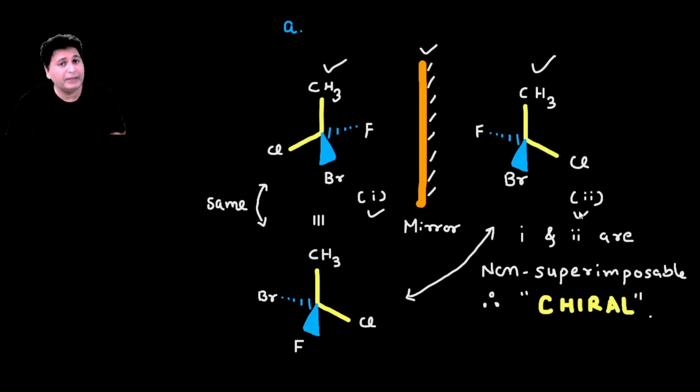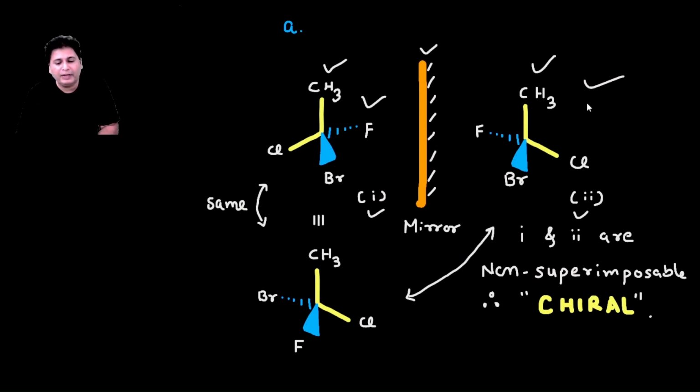If that is not possible, then the two are called non-superimposable. I have tried in a manner so that I can convince you that this figure is not going to match ditto on its mirror image.